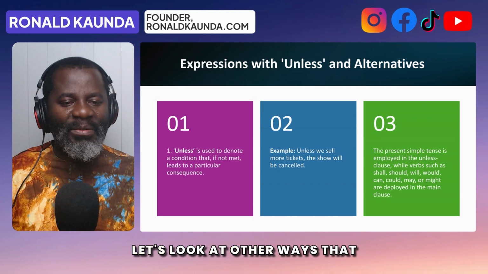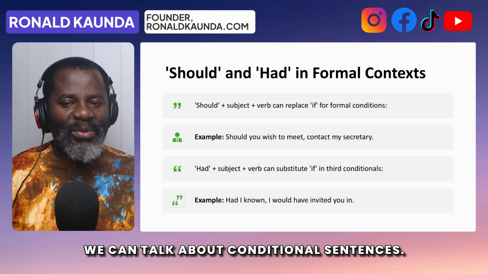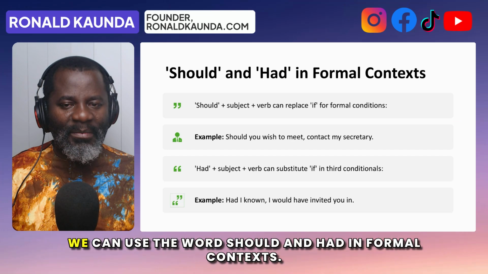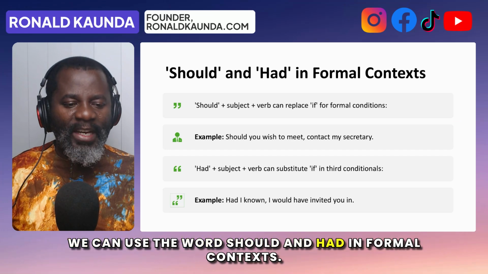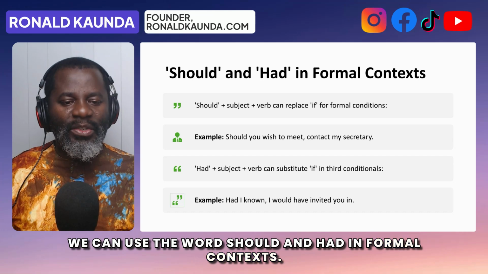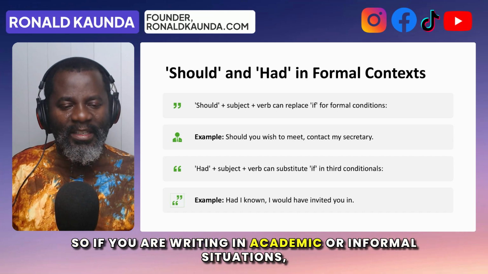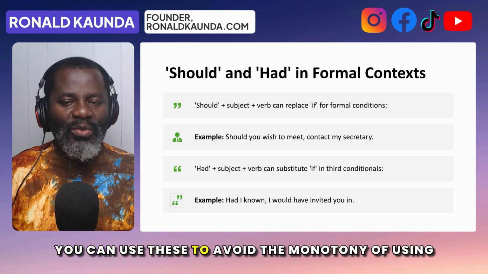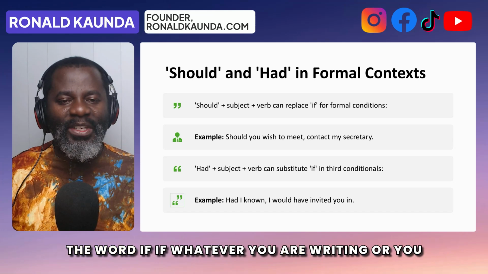Let's look at other ways that we can talk about conditional sentences. We can use the words should and had in formal contexts. So if you are writing in academic or formal situations, you can use these to avoid the monotony of using the word if.